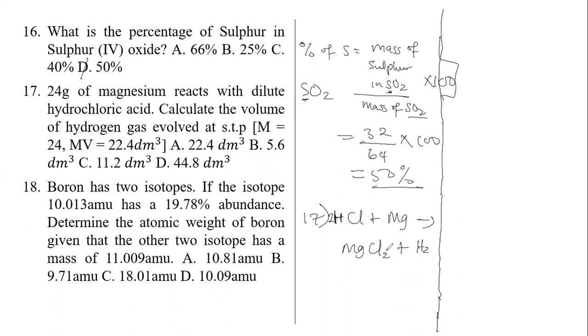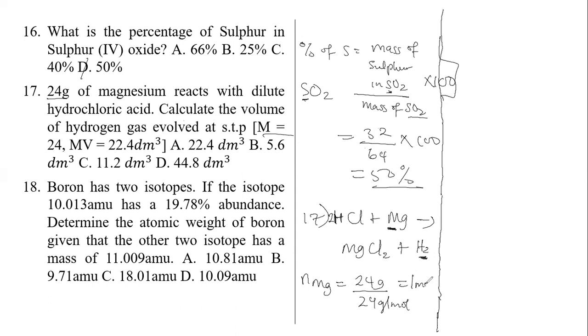So now, you will have to calculate the mole of magnesium so that you can use it to calculate the mole of the hydrogen. So the mole of magnesium is mass over molar mass, which is the mass given, 24. The molar mass of magnesium is 24 gram per mole.